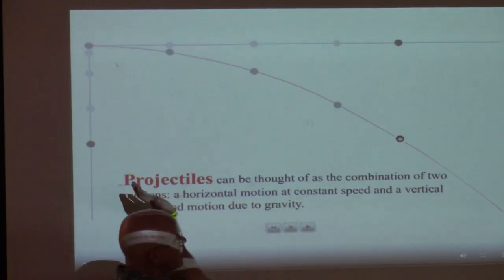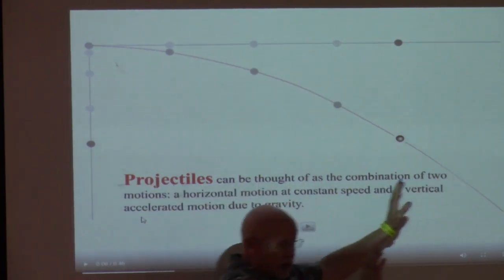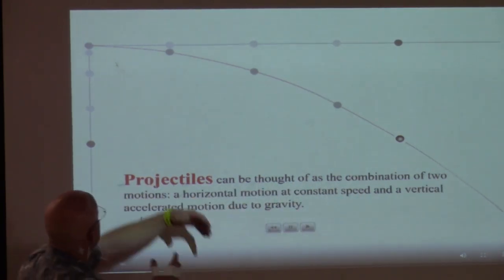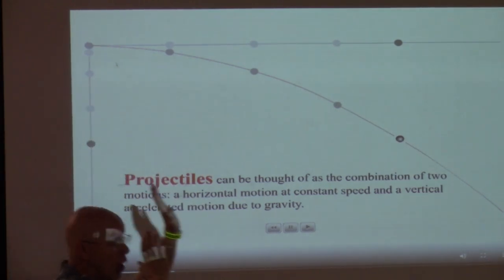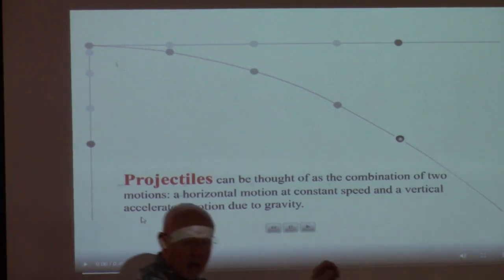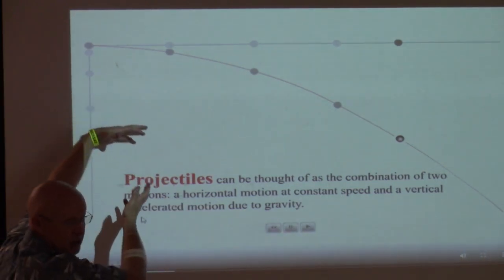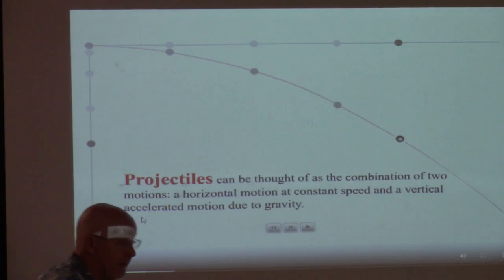So there is no change in speed in the x direction. There is a change in speed in the y. And that's because there is no acceleration in the x, but there is an acceleration in the y.